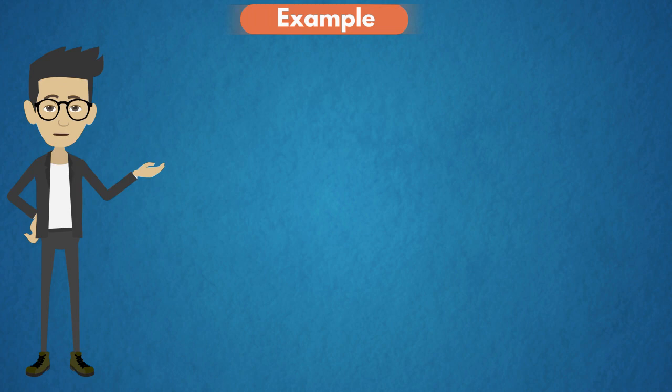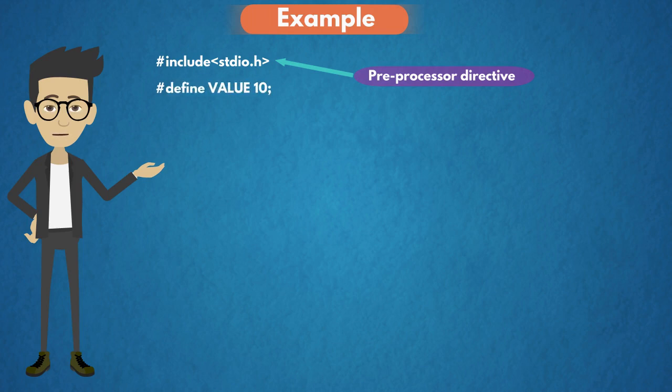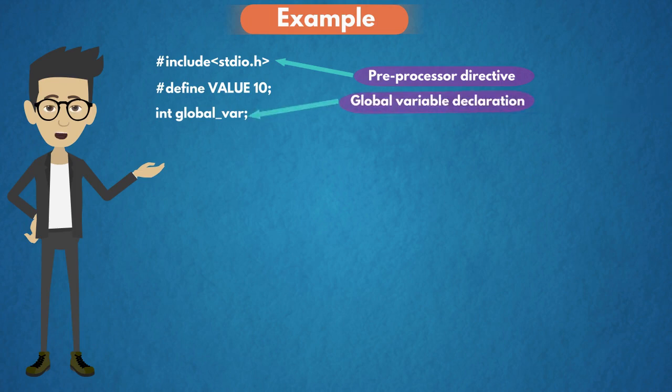The first statement of the C program is #include <stdio.h>, which is a preprocessor directive. The second statement is #define value 10. And the third statement, int global_var, is a global variable declaration. In the fourth statement, we have the void main method, which is a non-value returning method.